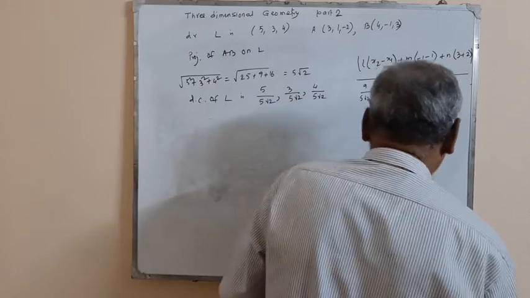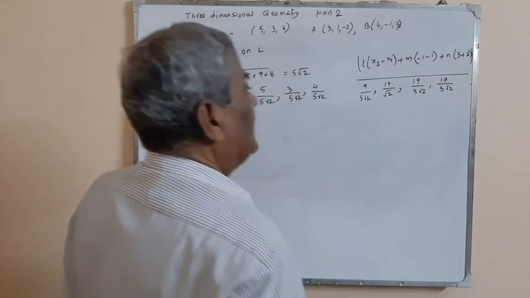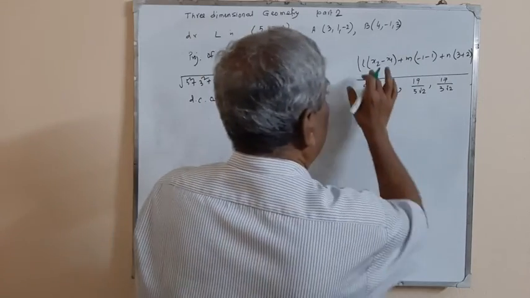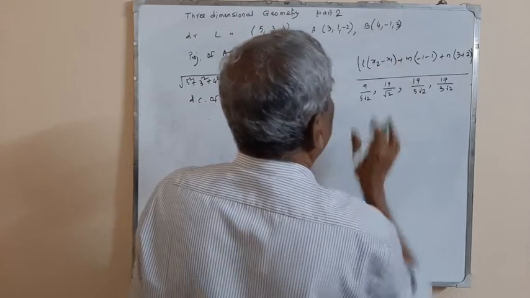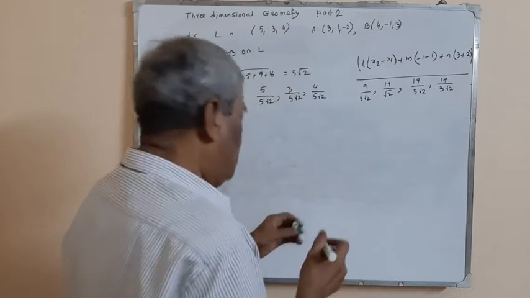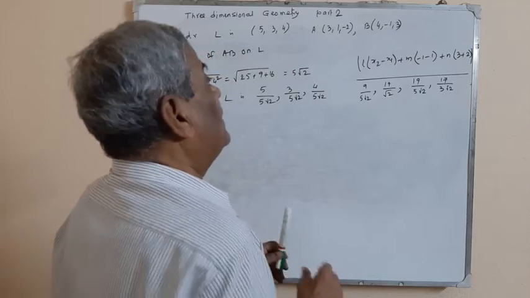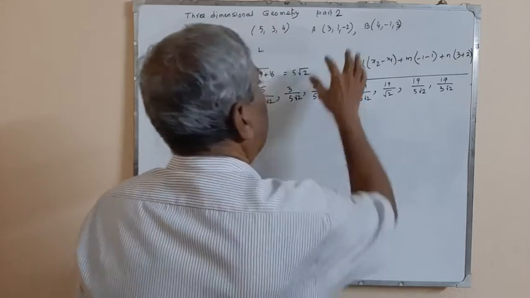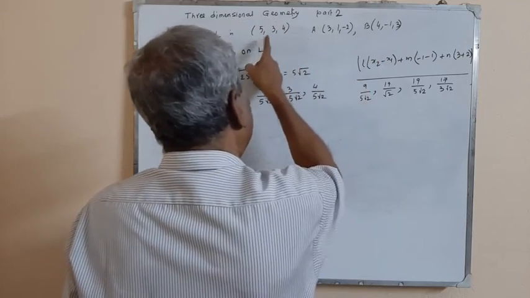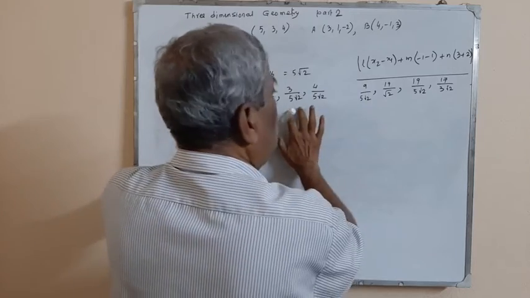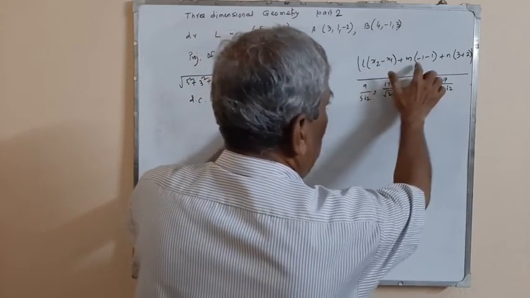These are the options. Just now I told you this is the working formula for calculating the projection of a line segment on a line whose direction cosine is known to us. This is the direction cosine.